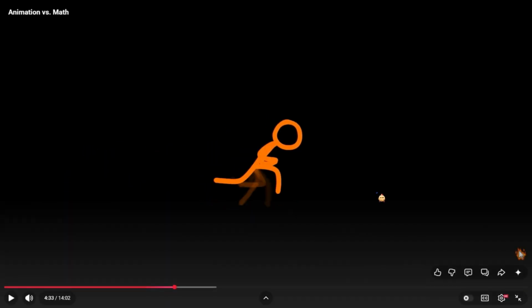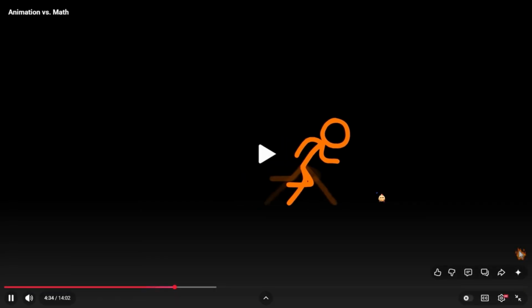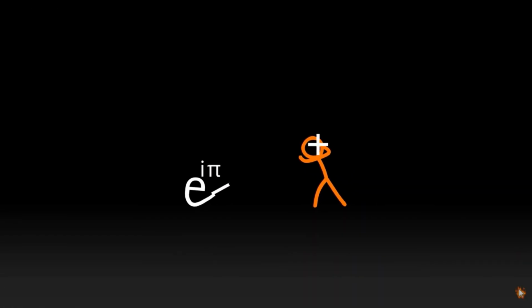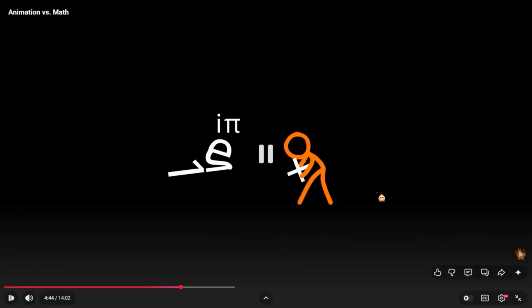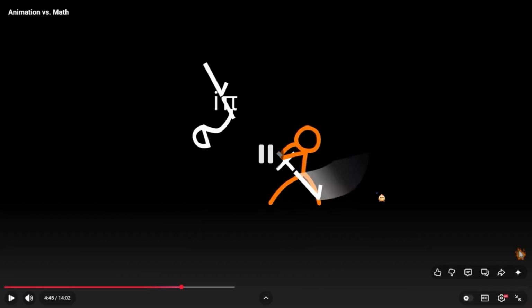And for some reason, multiplication increases speed. Same thing as before, and then they just bump into each other. Plus and negative. -1 plus 1 plus 1.